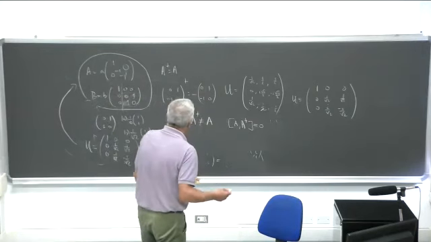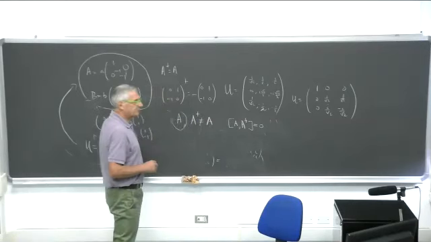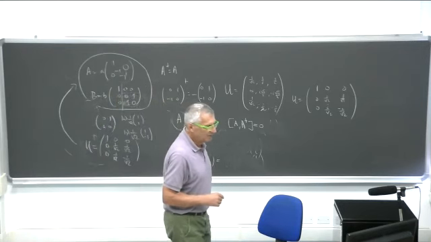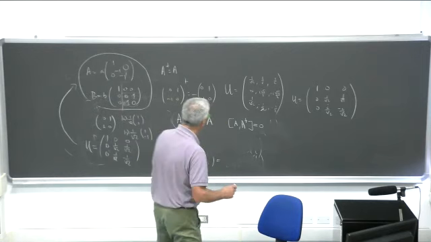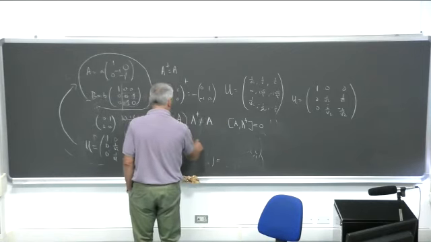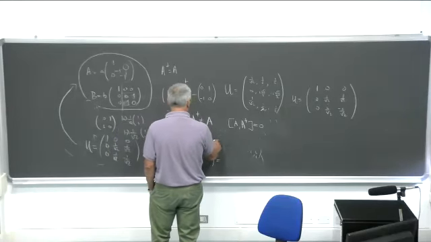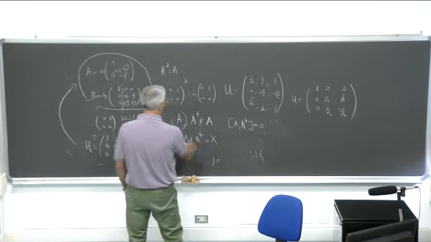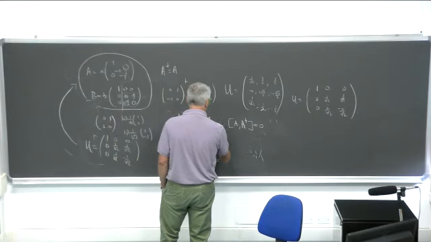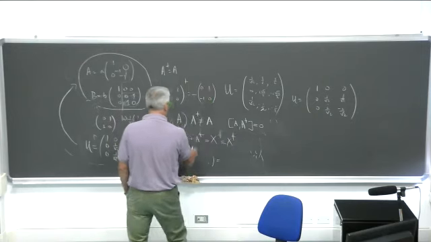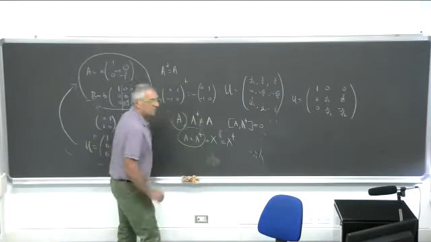Why is that? Because if you have A and A dagger, it's a very simple argument. You can always take the sum and the difference of the two. The sum, A plus A dagger, is Hermitian. Let me call it X, because its Hermitian conjugate is the same, it's the same as X dagger. So this is Hermitian. But there is another combination which is Hermitian.